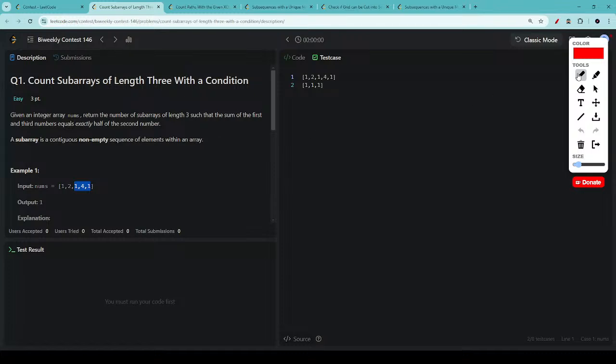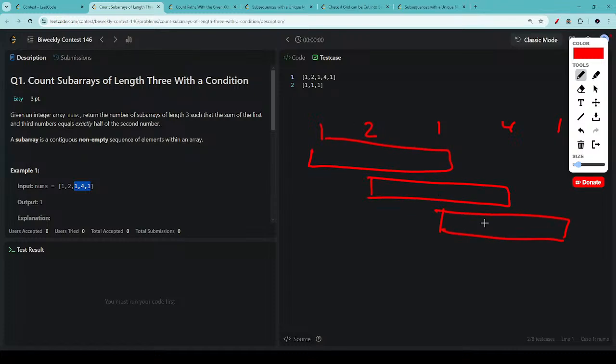So it's just a fancy way of saying a continuous range. So this will be a subarray, this will be a subarray, this will be a subarray. Of the 3 subarrays we have here, the first one, we have to check the length, the sum of the first and third numbers equals exactly half of the second number.